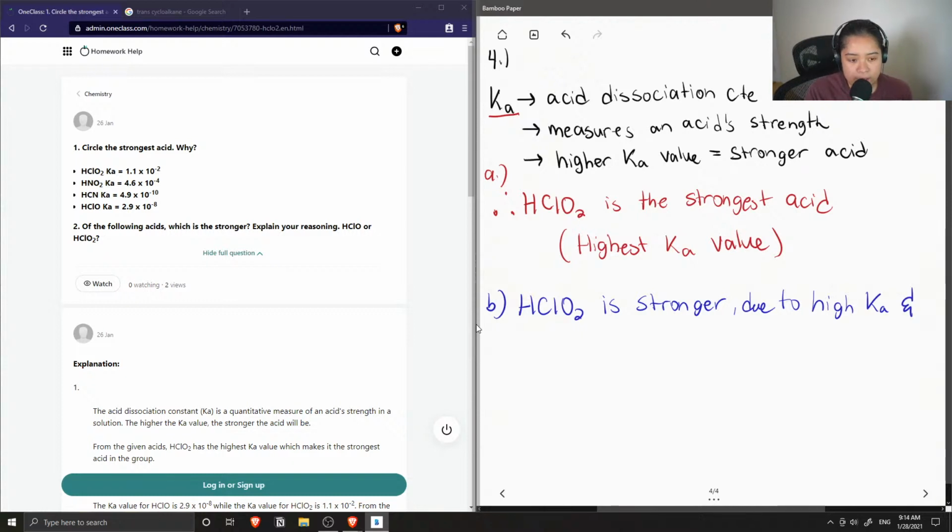But the reason that it is stronger is because it contains an extra oxygen.